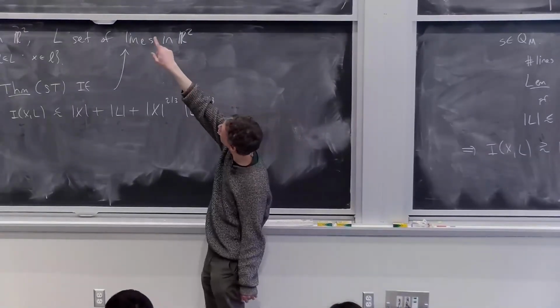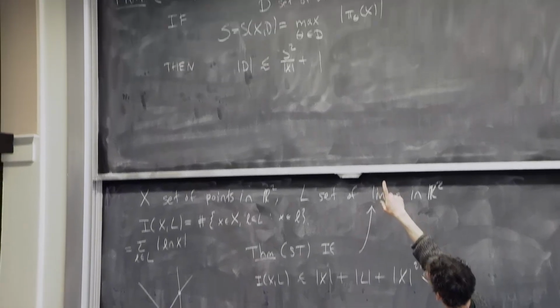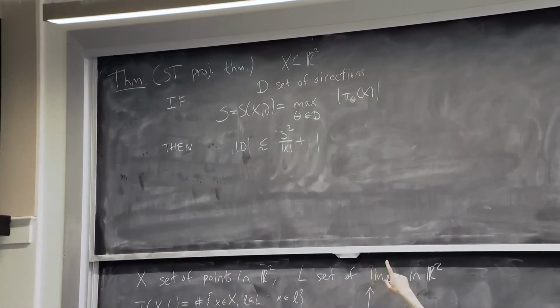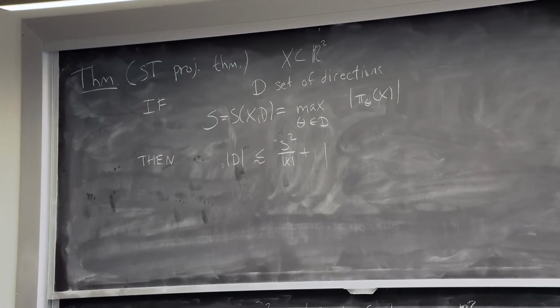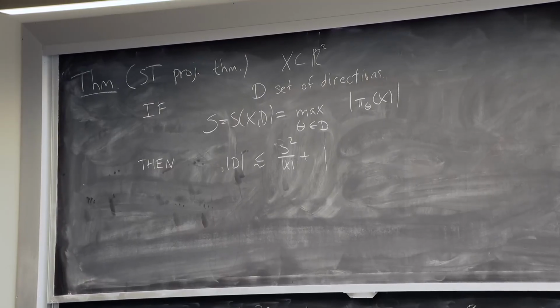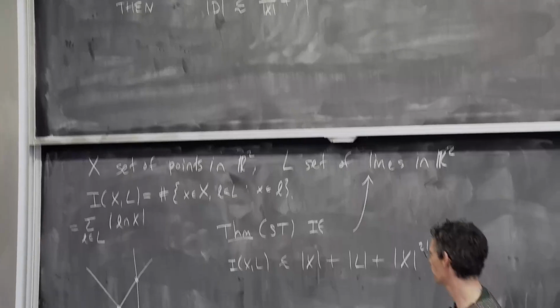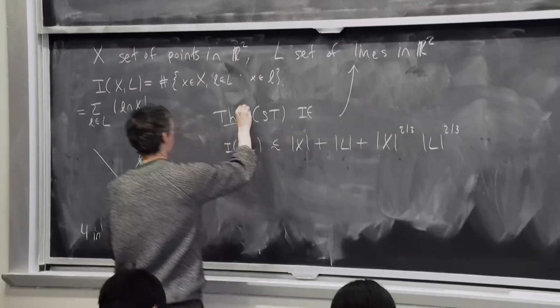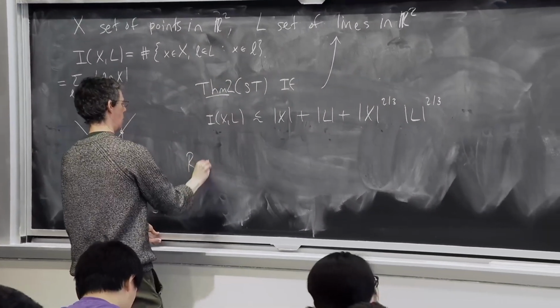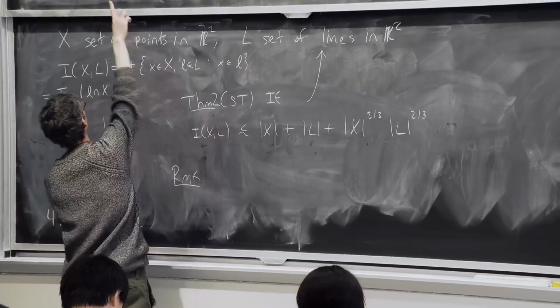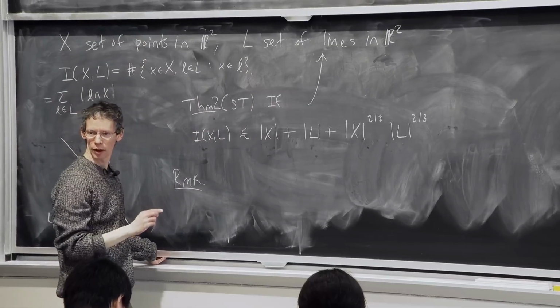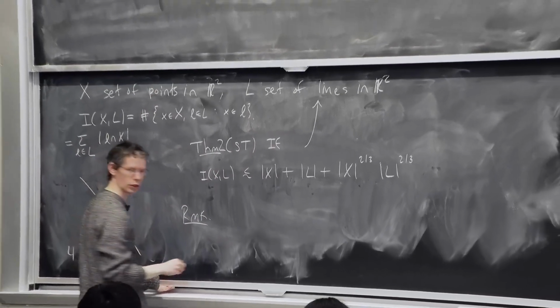Whereas in theorem 1, in the projection theory setup, we would have a set of directions d, and the set of lines would be all the lines in direction d that go through a point of x. So that's a somewhat specific set of lines. And this one is more general. OK. So it's not very difficult to get from here to here, and it's not that interesting. So I'm going to leave it as an exercise on the homework.